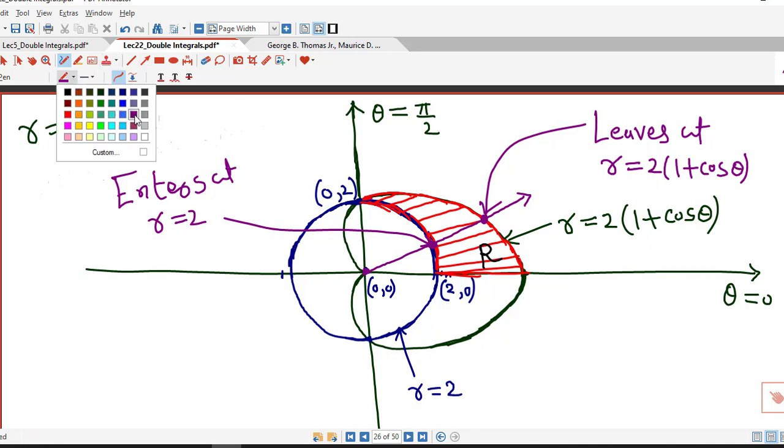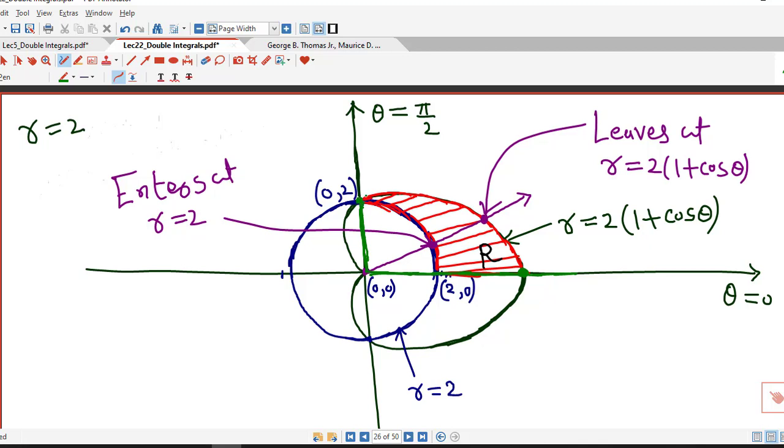Now to cover the remaining region, we have to start from this point. At this point the value of theta is 0. So we will start from theta equal to 0, and we have to go in this direction and come up to this point.